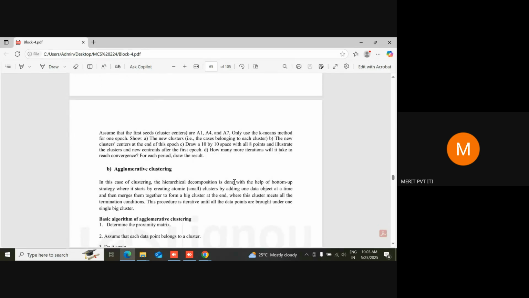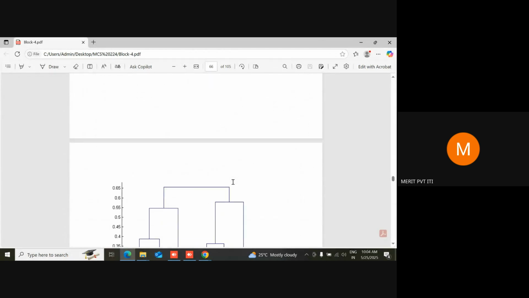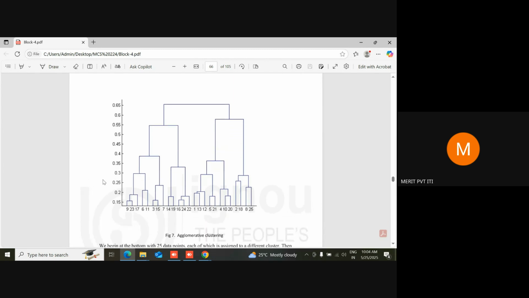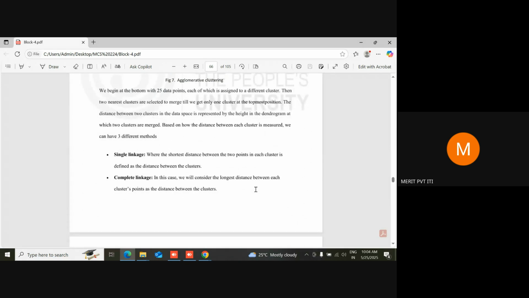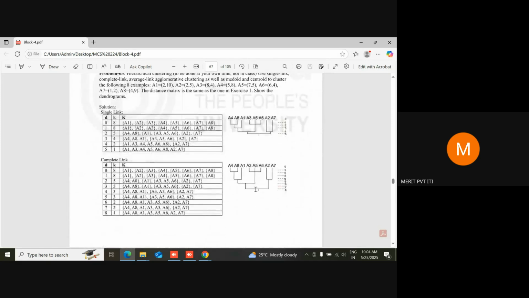So agglomerative clustering, you can read that. This is big, then smaller, smaller, smaller, and then smaller. Single linkage, complete linkage, all these are things you can study.